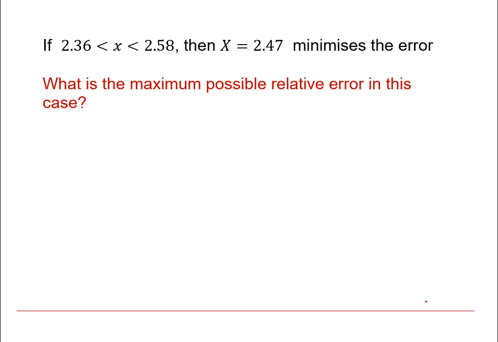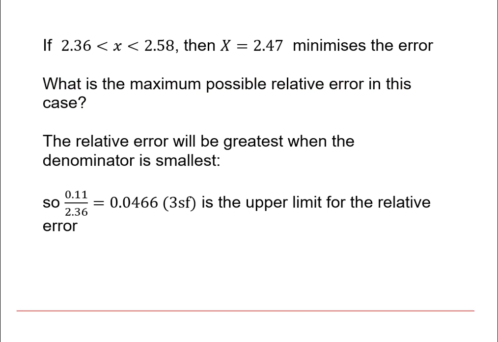Now, suppose that we're interested in the relative error, and we've got our approximate value of 2.47, and if we consider the worst case scenario, bearing in mind that for the relative error we've got the true value in the denominator, so in order to get the largest possible relative error we want the smallest possible value in the denominator, so we're going to need to have 2.36 in the denominator.